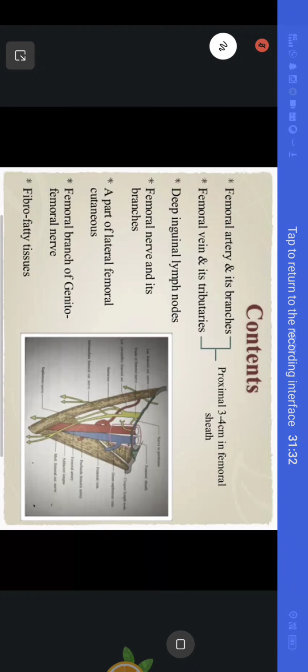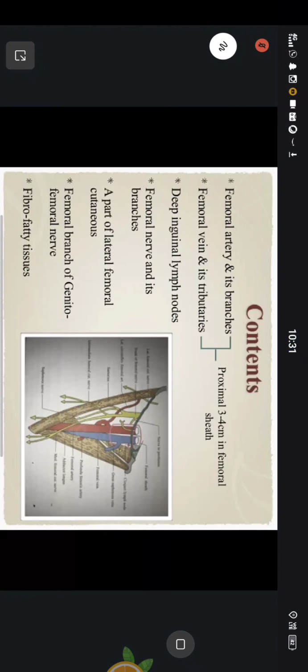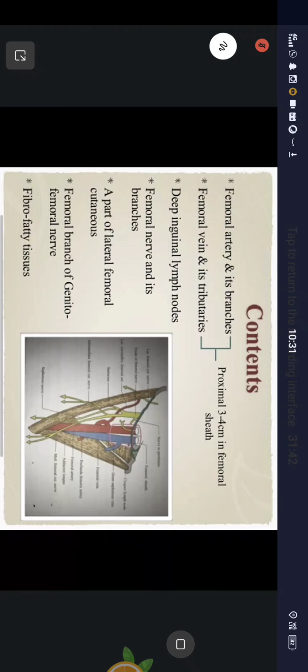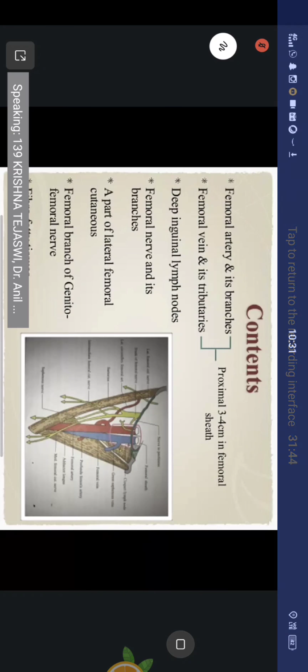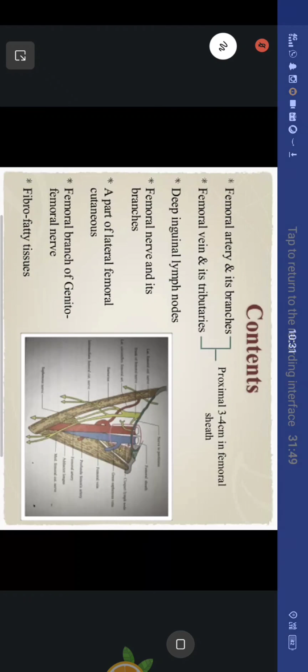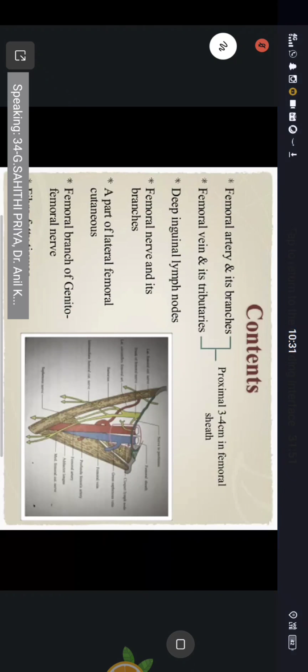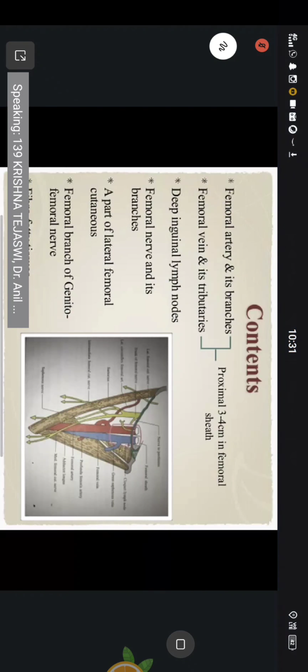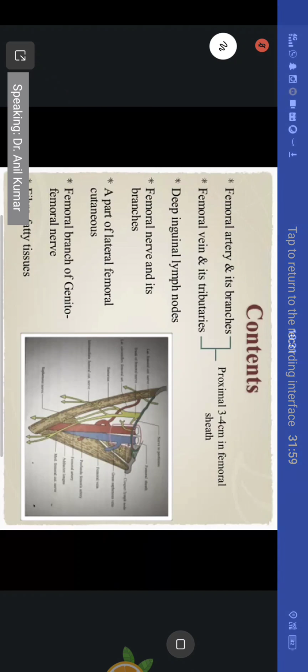So these are the contents of this femoral triangle. Now, what are the contents of the femoral triangle? Vein, artery, nerve. Apart from these big structures, the inguinal group of lymph nodes, divided into superficial inguinal lymph nodes and deep group of nodes.